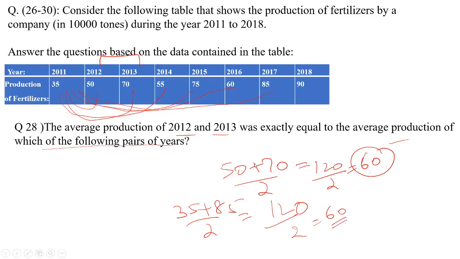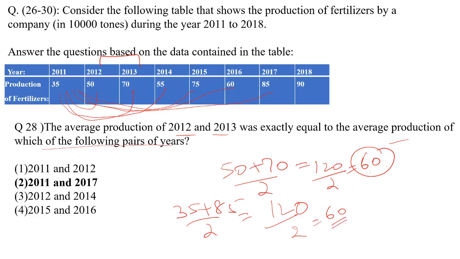So let's see the options. 2011 and 2017, sorry. You can check the other options as well. 2011 and 2012: 35 plus 50 is 85, not 120, correct?